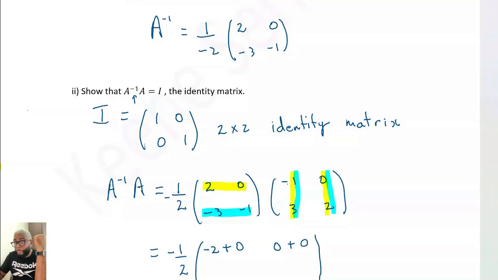Blue by this second row now, second row by first column, second row by second column will give me the 2 workings for here, right? So let's go. Negative 3 by negative 1 will give me positive 3, and then you have plus negative 1 by 3 would give me negative 3. Then negative 3 by 0 would give me 0, plus negative 1 by 2.